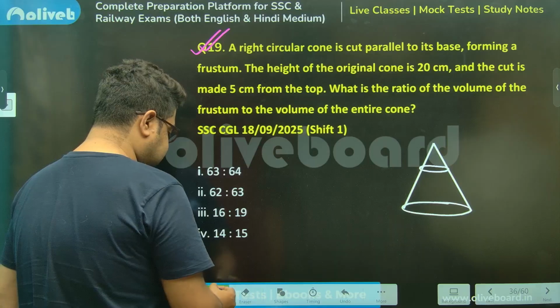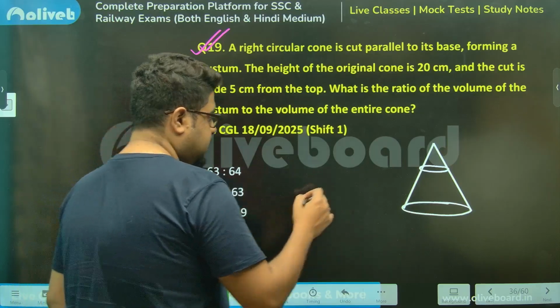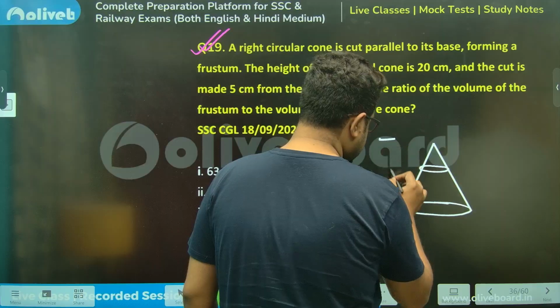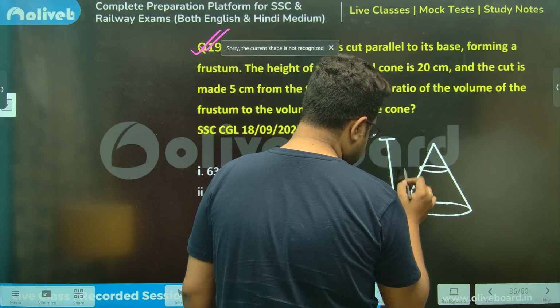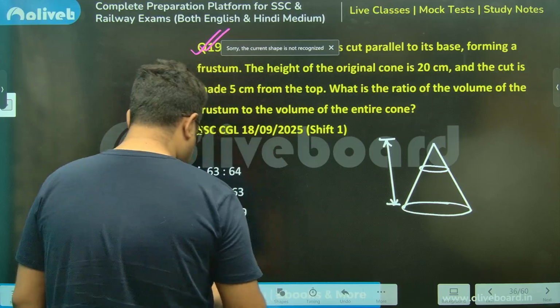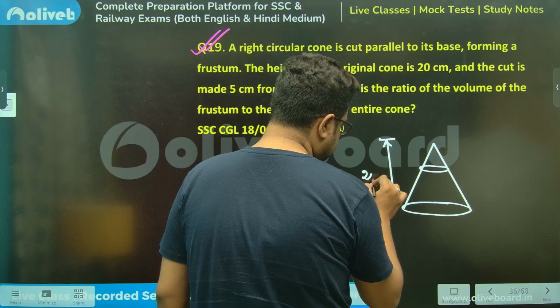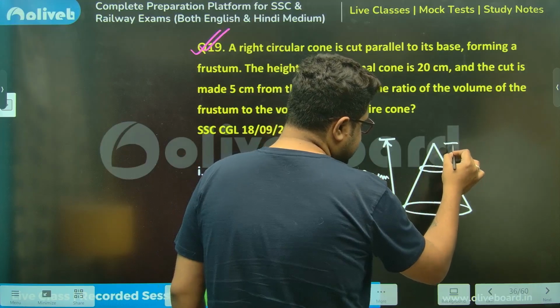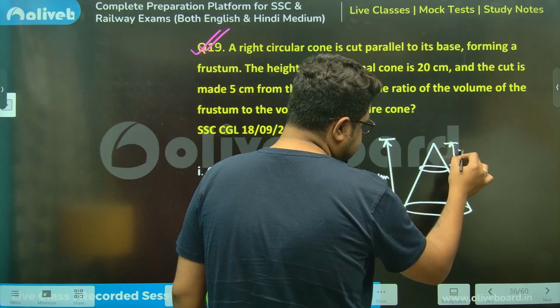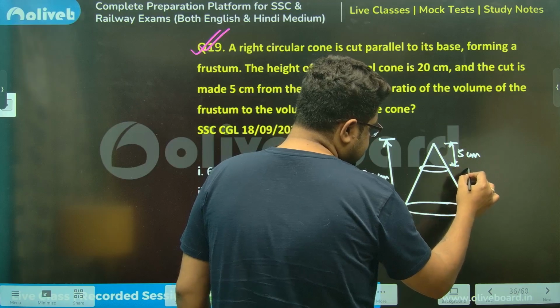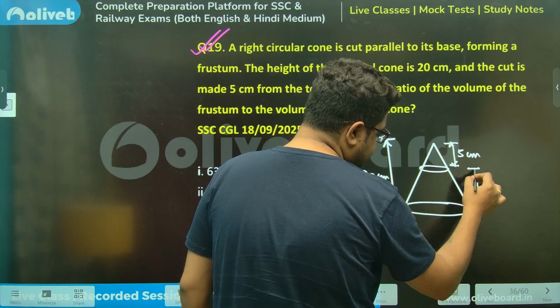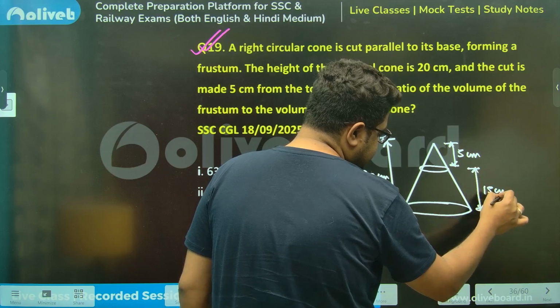Total is 20 centimeters. But this is 5 centimeter, so the other part, the frustum height, must be 15 centimeters.